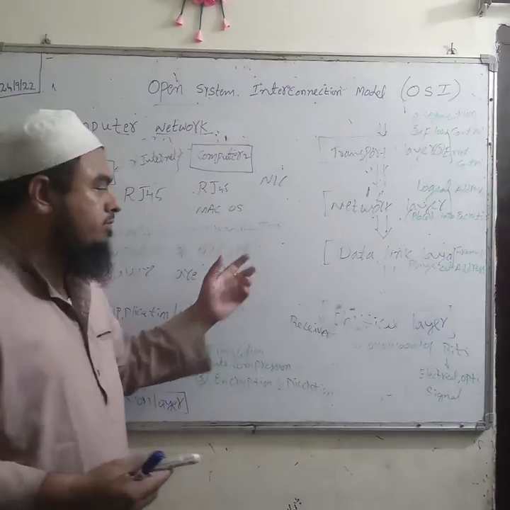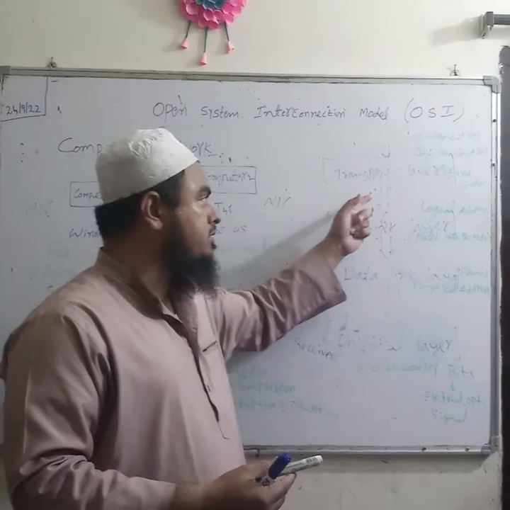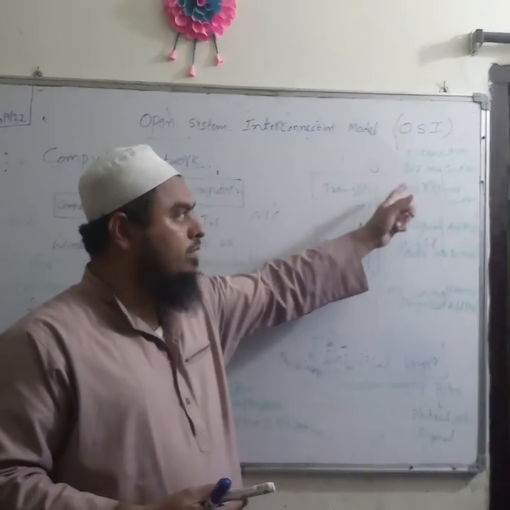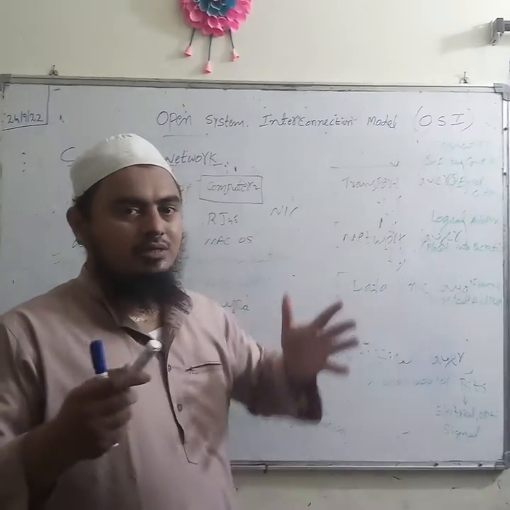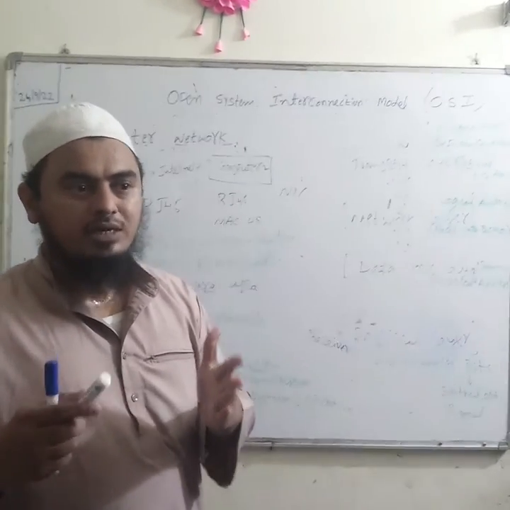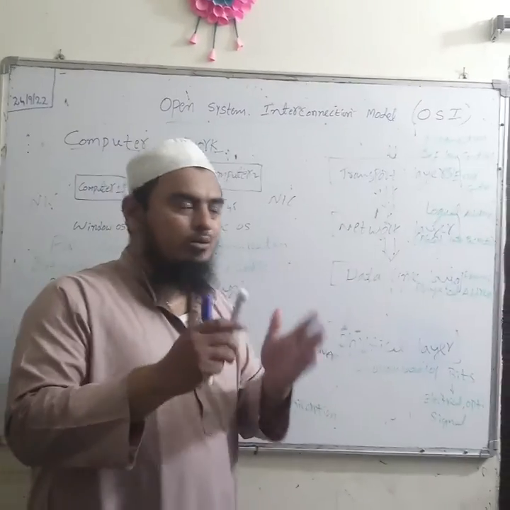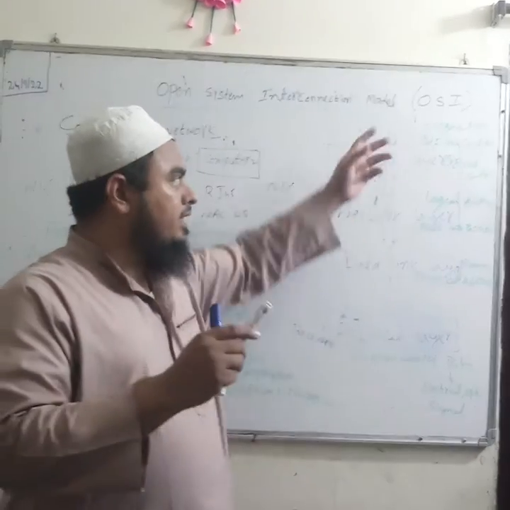Then the data is transmitted to the transport layer, which handles segmentation, flow control and error control. Whatever data is given, 400 pages of data or some images or videos, is divided into a number of segments, that is segmentation.